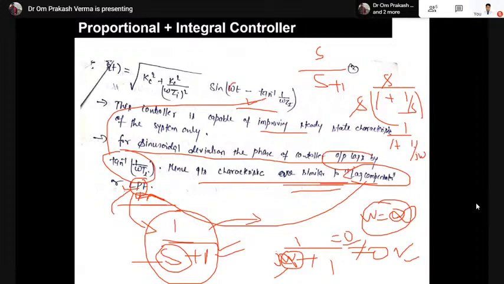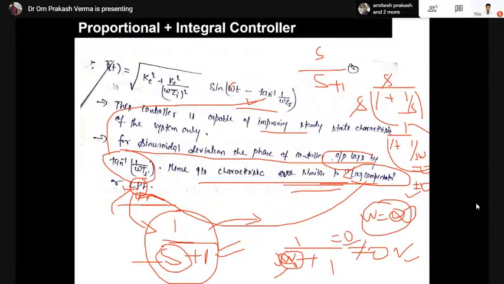Then it becomes 1 upon infinity, and this gives 0. So the low frequency signal is not passing here. However, when you put omega equal to infinity, it becomes 1 upon 1, a non-zero value. So the high frequency signal is passing. So this is the case of the high pass filter.